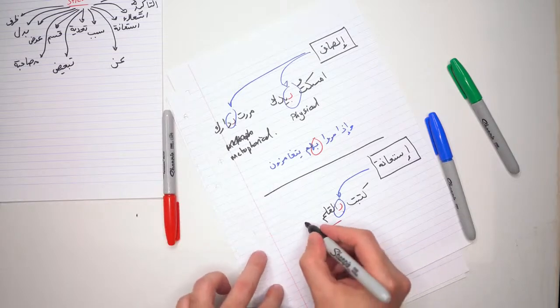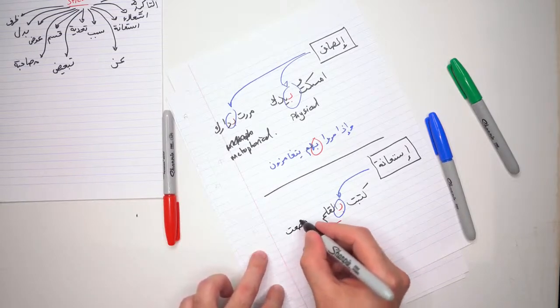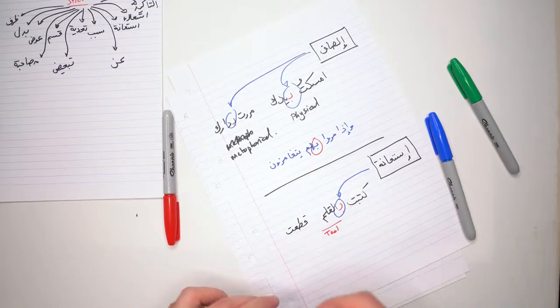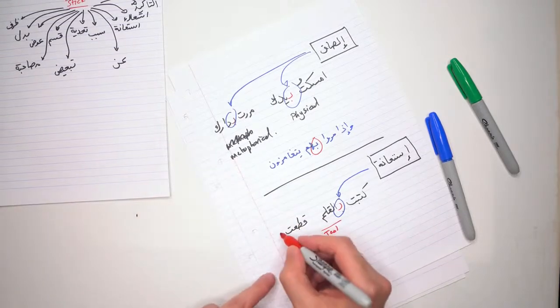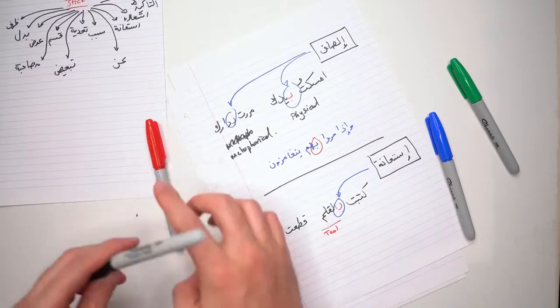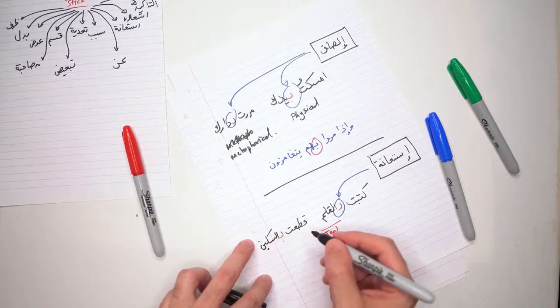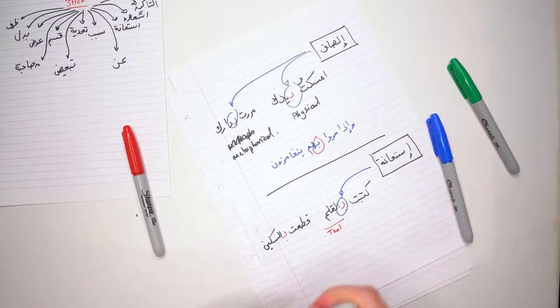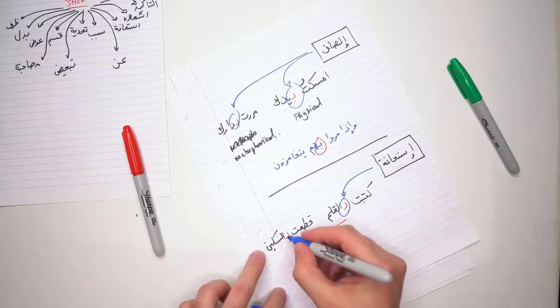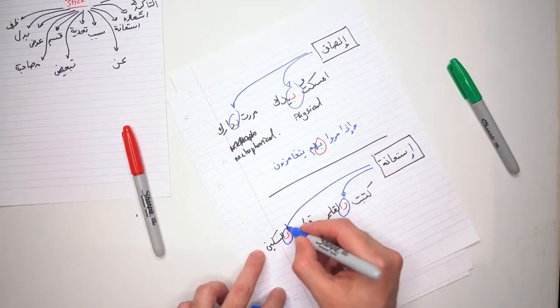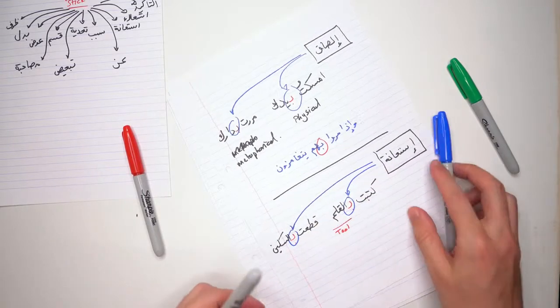Another example, qata'tu bis-sikin. Again, you have the ba being used over here, and it has the meaning of seeking help.